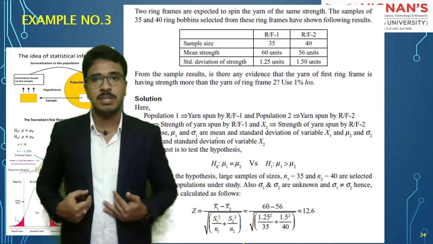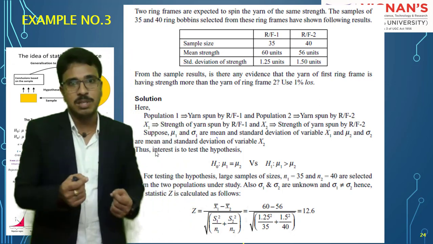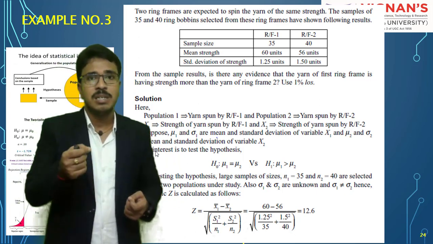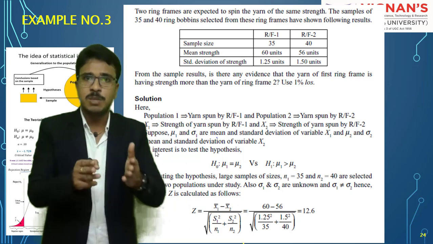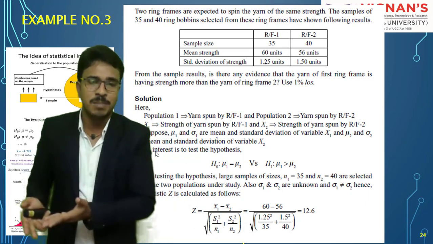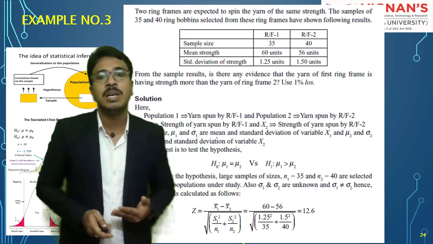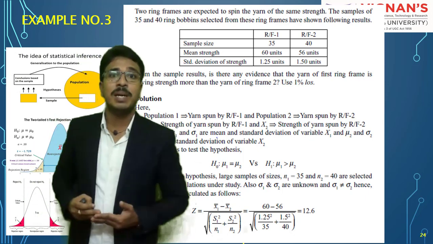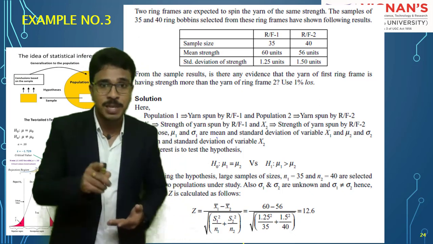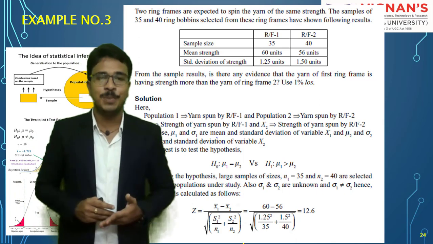Now how can we set the hypothesis? H naught, how can we set it? Always no difference, right? So the mean of the first population is equal to the mean of the second population. That is, you can see there H naught is mu1 equals mu2. And how can you set the alternative hypothesis? Here you have to be careful. You should not blindly put mu1 is not equal to mu2.